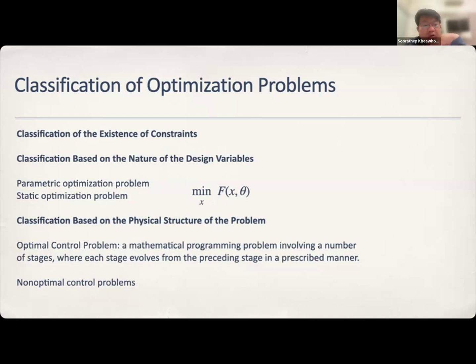And the next thing is, we can classify the optimization problem based on the nature of the design variables. Remember, we have design variables, right? If we look at the domain of the design variables, if the domain is integer, we call it integer programming.